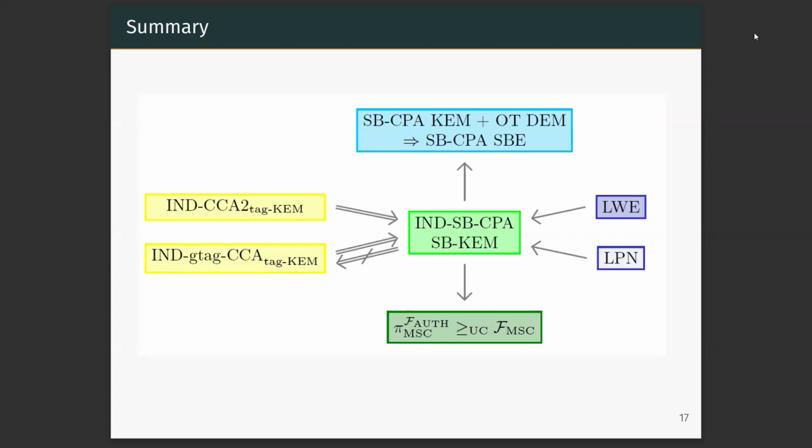I don't know. Nice question. We have managed, or rather Rebecca Schwert, one of the co-authors, has actually managed to prove that SBCPA security is in fact the minimal requirement.